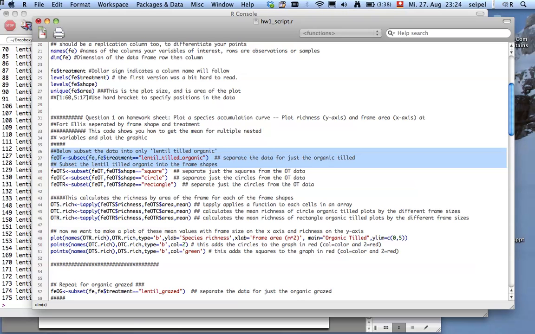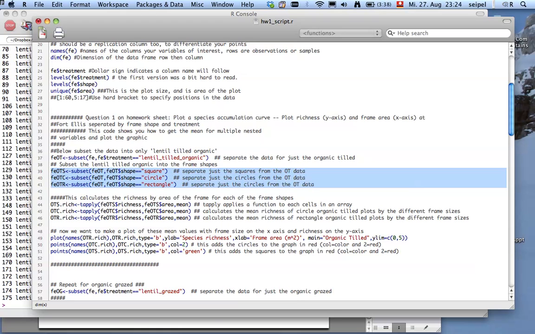So now we have the lentil tilled organic treatment, and now we would like to separate those lines into squares, circles, and rectangles. I'm doing this just by subsetting this FEOT, which is Fort Ellis organic tilled, is kind of how I coded it or wrote it out.